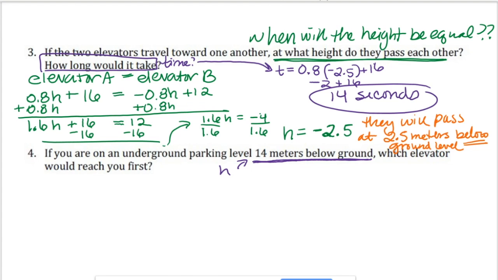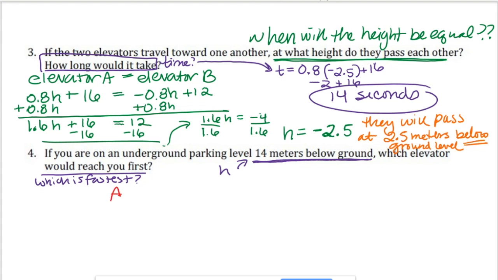So which would reach you first? That means which is fastest? And which is fastest would mean which is going to take the least amount of time, right? So we need to find some time when the height is 14 meters. So T is what we're looking for.